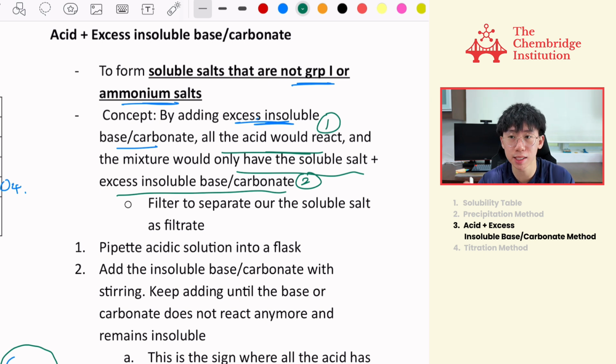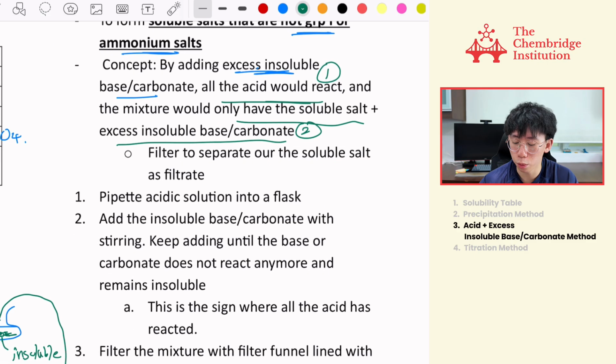We can separate this out, and we also make sure that all the acid reacts, because the acid is generally in an aqueous form. We don't want to leave it as a soluble impurity. You realize soluble impurities are very difficult to separate out. So we generally will filter to separate the soluble salt as the filtrate. That's the first few steps of what we're going to do.